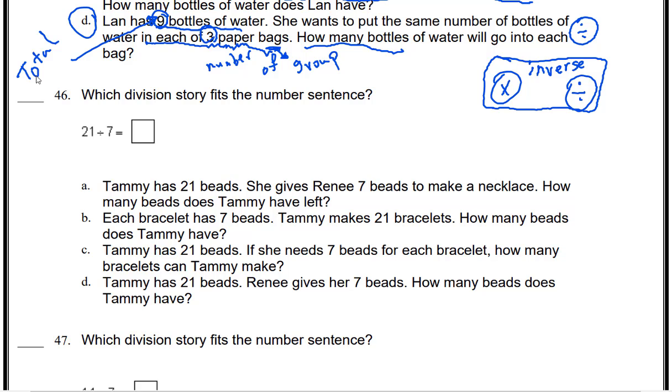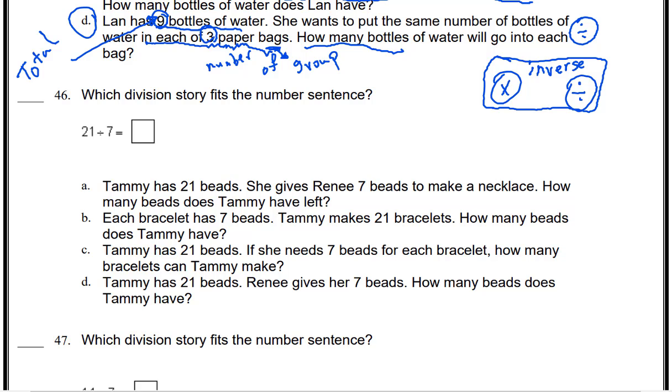Ibrahim. Here, mister. Go ahead, my hero. Which division story fits the number sentence? 21 divided by 7. A. Timmy had 21 beads.